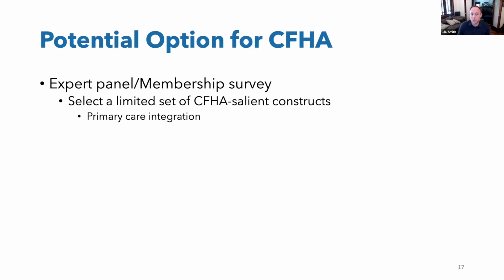Would it be measures on primary care integration? There are some really good scales about how well integrated behavioral health is within primary care. Certain behavioral health measures that may not be in some of these existing repositories. Would you want some implementation process measures, things that would help you understand how programs are being delivered and implemented?